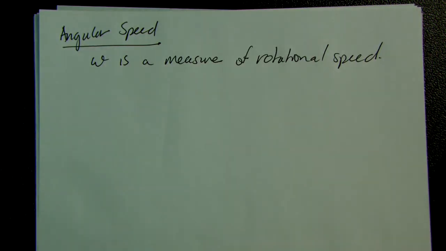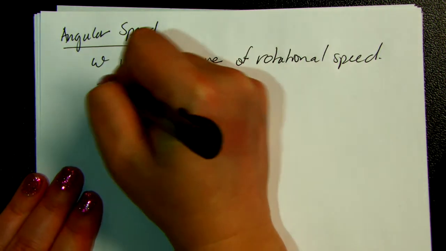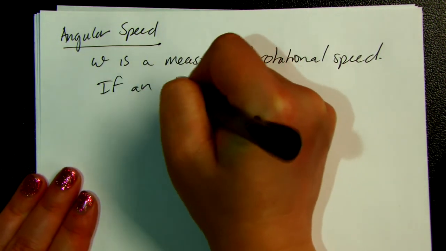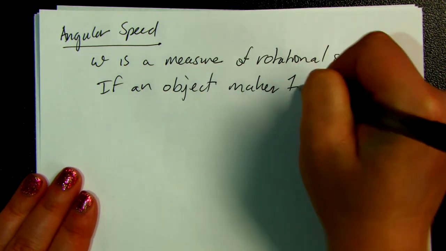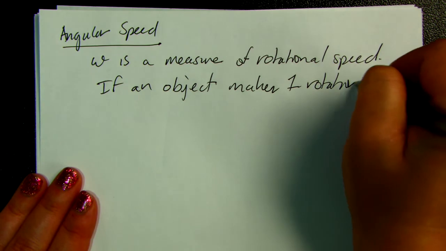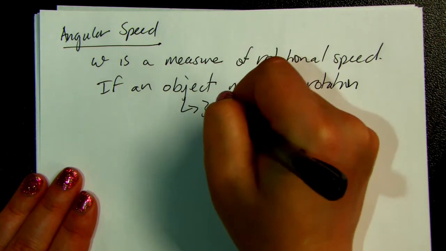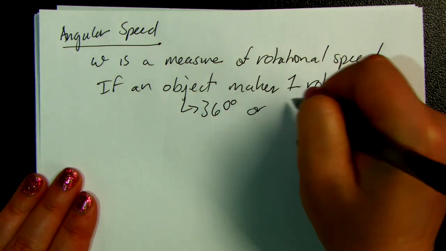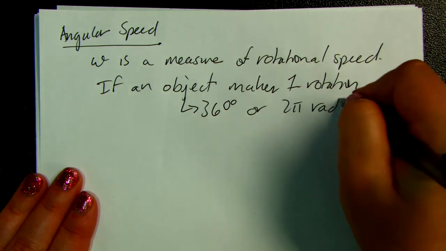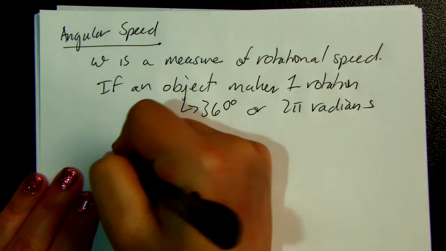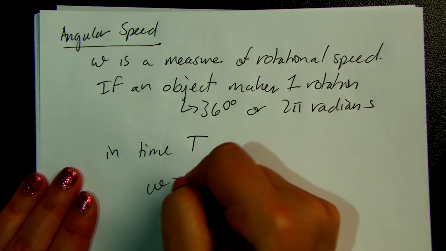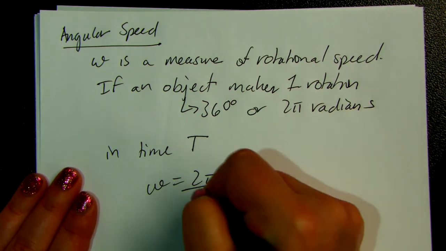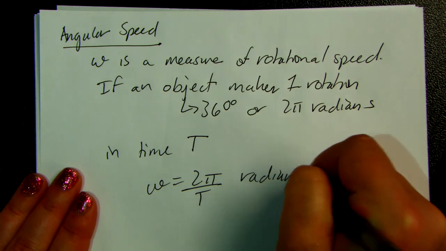You're going to get sick of that joke, but it might help you remember this. If an object makes one rotation, that would be 360 degrees or 2 pi radians, in time t, omega is equal to 2 pi over t radians per second.